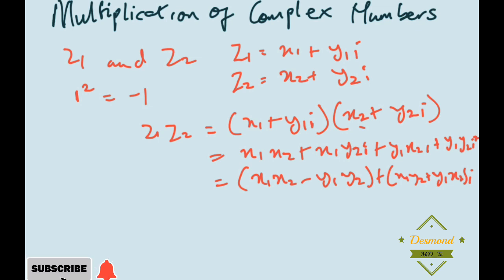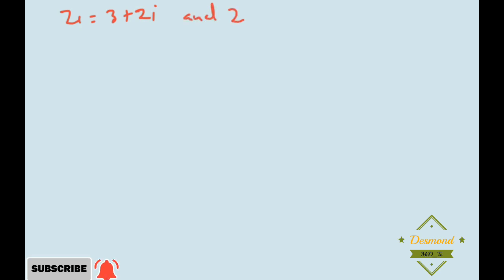So let's take an example. Let's say we have two complex numbers, z1 being equal to 3 plus 2i and z2 being equal to -1 minus 4i. How do we multiply these two complex numbers together? If you have any idea, you can pause this video and try to do it on your own.